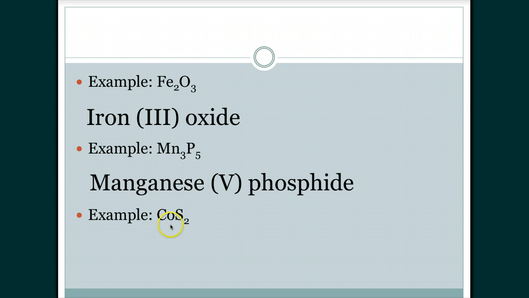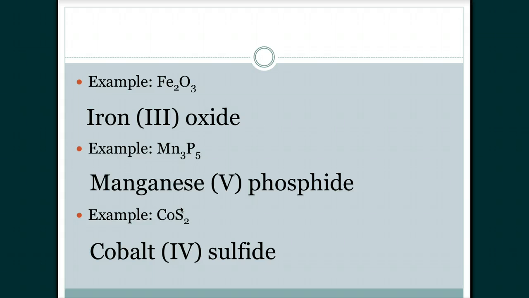We have cobalt, and then we have sulfur. You can see that cobalt here has a charge of 2, but it's not 2, because if you remember that sulfur has a charge of 2 minus, that will mean that our cobalt has a 4 plus, and that's how they crisscrossed.